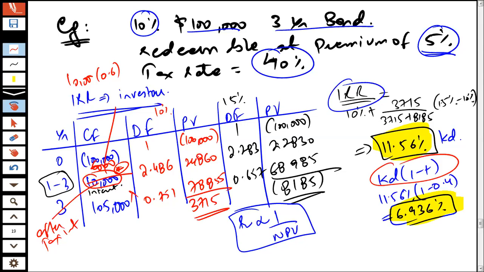Now if I perform the calculation with 6,000, let's see what we get. It's 6,000 into 2.486, so it's going to be 14,916.